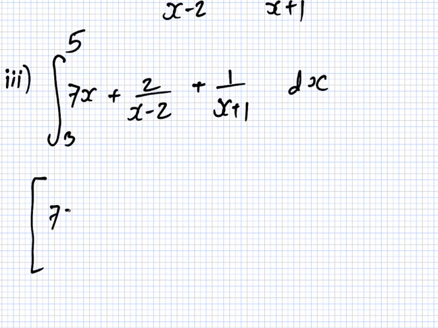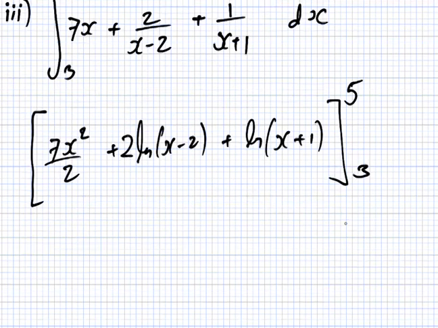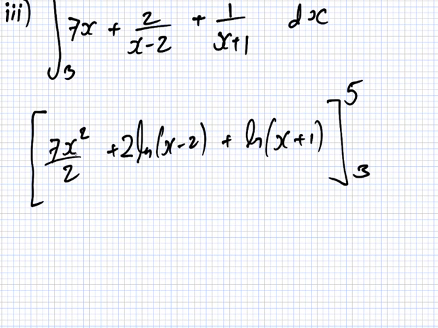This will be 7x squared over 2. This will be 2 log x minus 2 plus log x plus 1, between 5 and 3. Just very standard. Let's see. 5 squared is 25 times 7 is 150. No, 175.